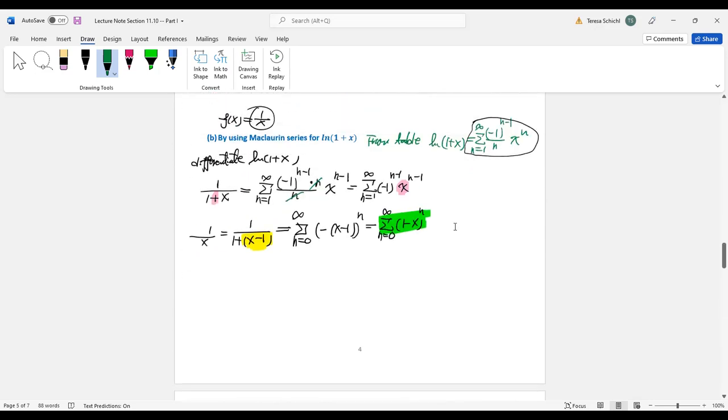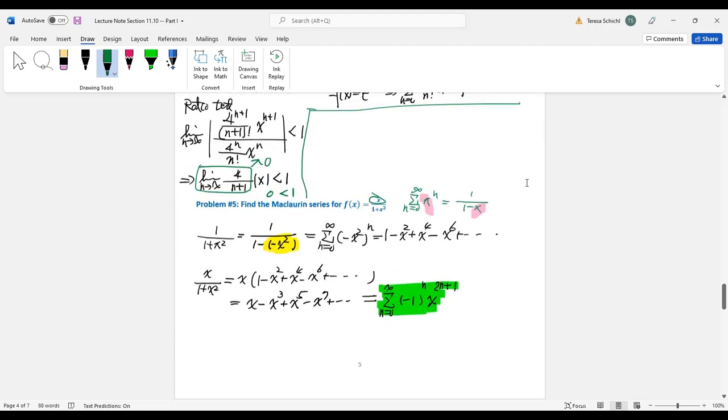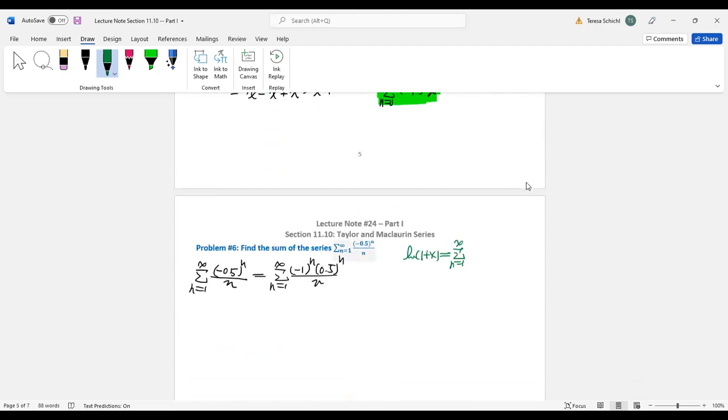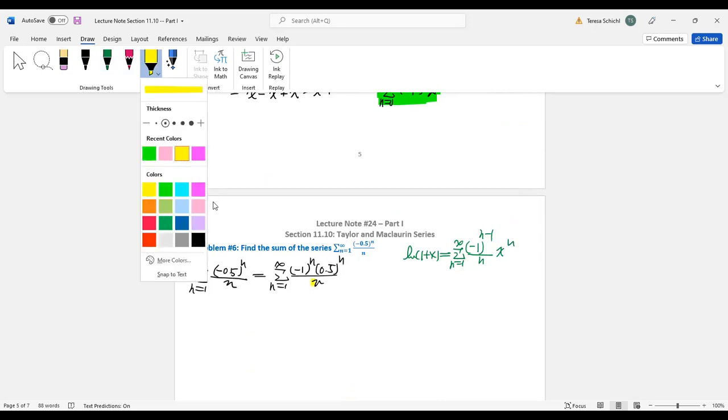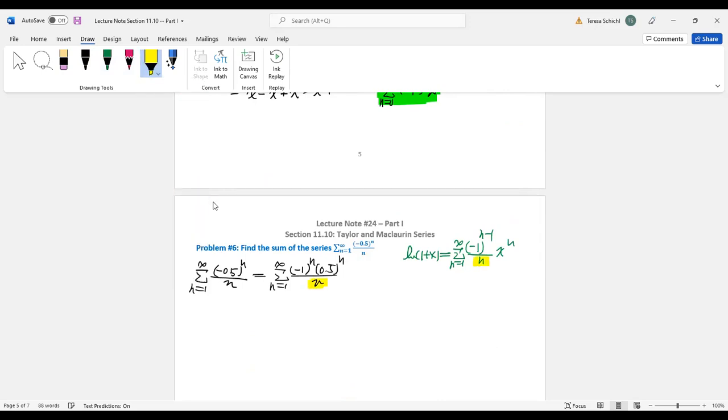So here it is: over n, negative 1 to the n minus 1, then x to the n. If you compare, the n matches, and x to the n matches 0.5 to the n.